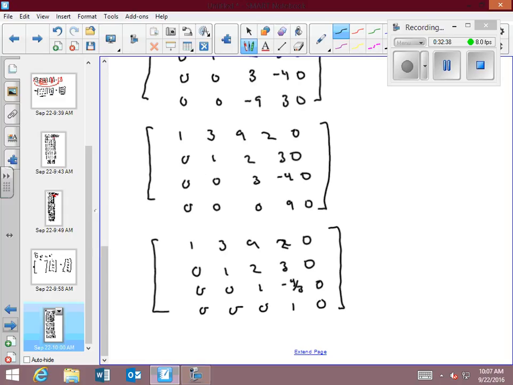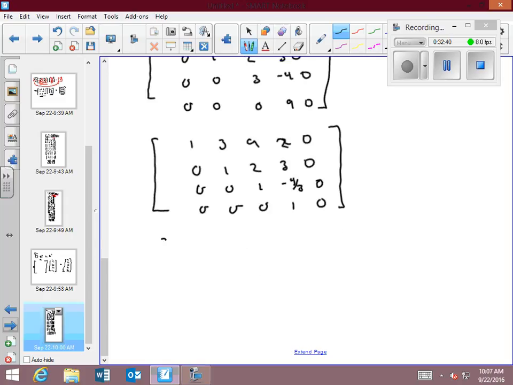All right, so 1, 3. Oh, I want to take that last row. I want to get rid of that one. This is 0, 0, 1, 2, and multiply the last row by minus 3, so I'll get rid of that. And I'll get rid of this, right?